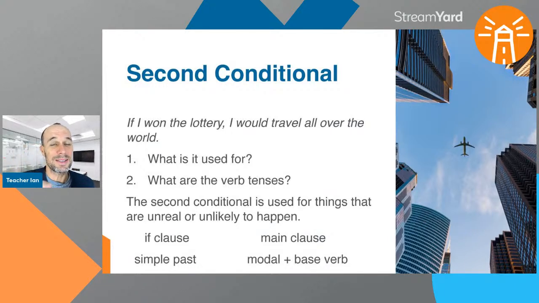So we use this by using the past tense: if I won the lottery. And then in the main clause, we have to use a modal verb. So a word like would, could, might, one of those words usually. And then just our base form of the verb. So let that sink in. Think about it.